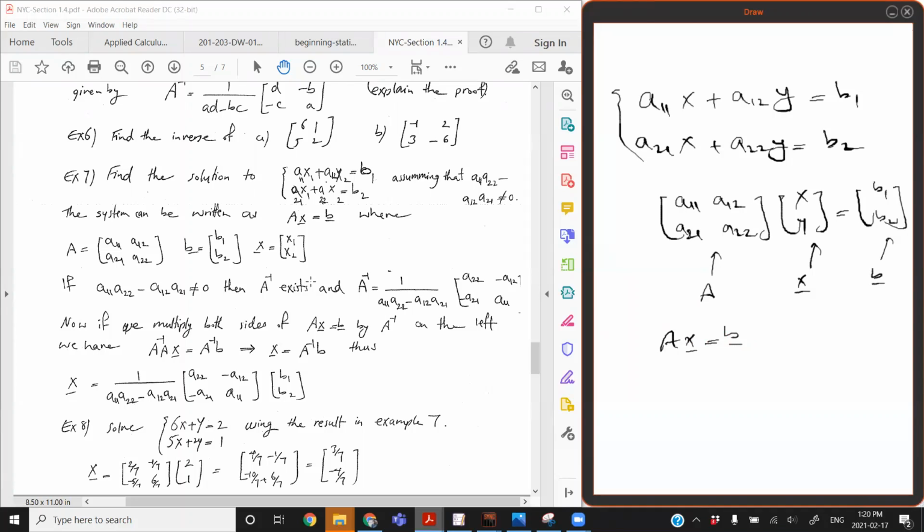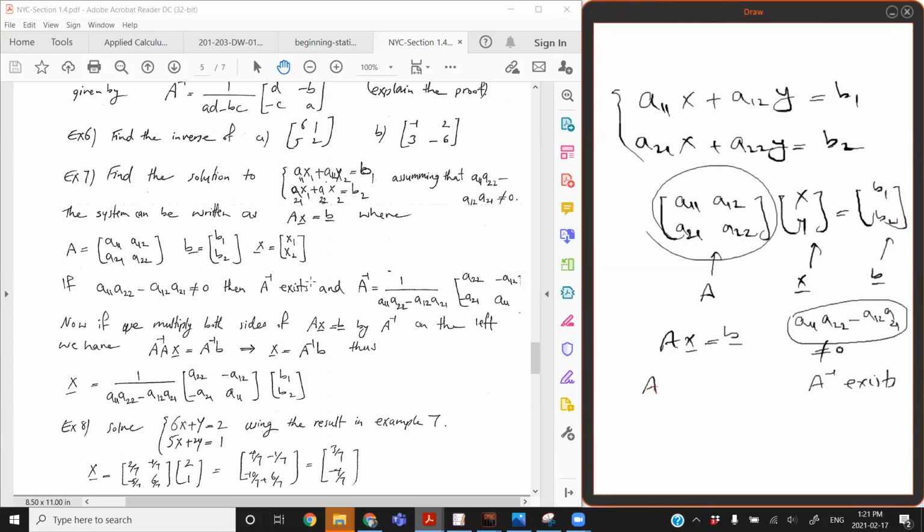At this point, if the determinant of this matrix is not 0, that is, if a11 a22 minus a12 times a21, if that determinant is not 0, then the inverse exists. Then A inverse exists, and you can use that to get X isolated.